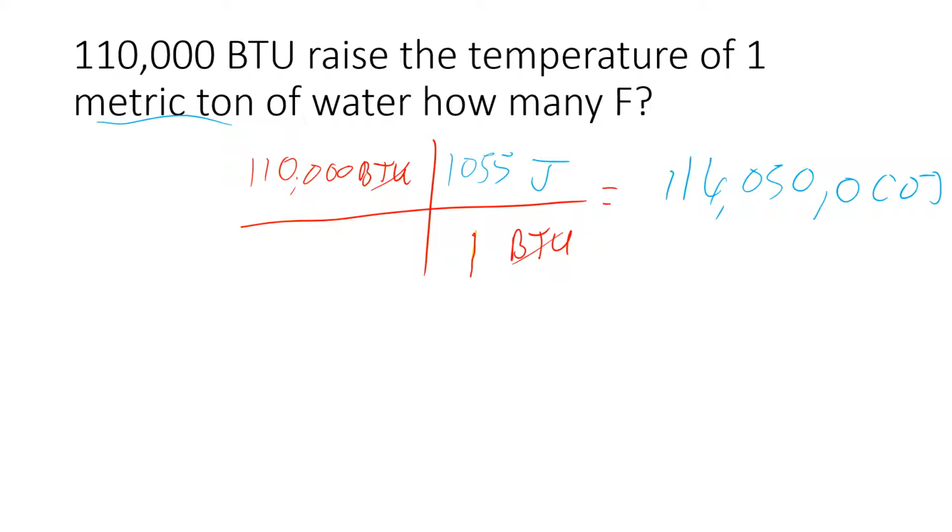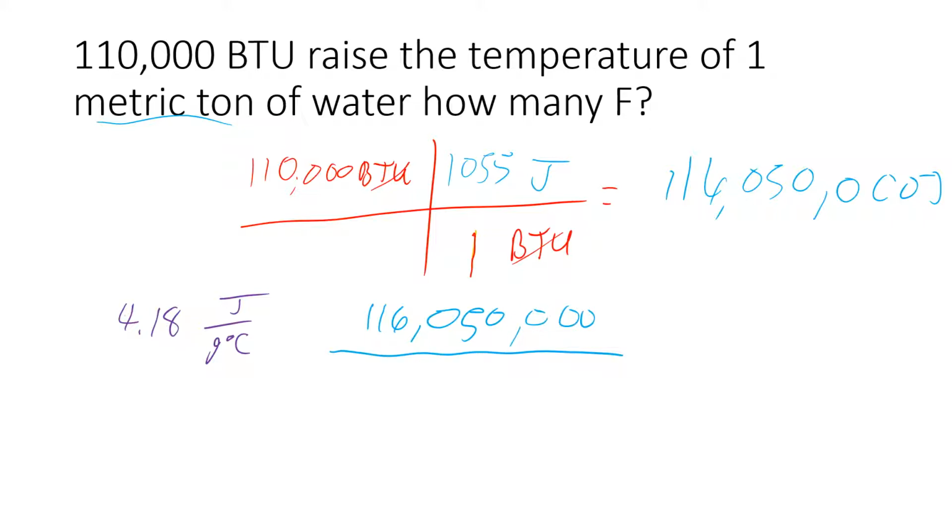So we are using the specific heat, which is 4.18 joules per gram degrees Celsius. So we have our joules as 116050. That's how many joules we have. Our grams is 1,000,000, is what we just figured out.